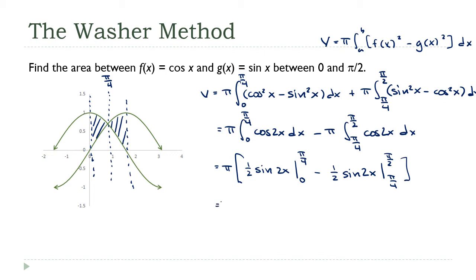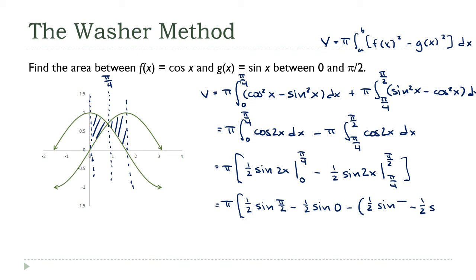All right, so let's put our numbers in here. This is 1/2 sine 2 times pi over 4, so that's pi over 2, minus, I really should have factored that 1/2 out, shouldn't I? But I've already started, so we'll just keep going. 1/2 sine of 0, minus, oh, well, not sine of 0, what am I saying?